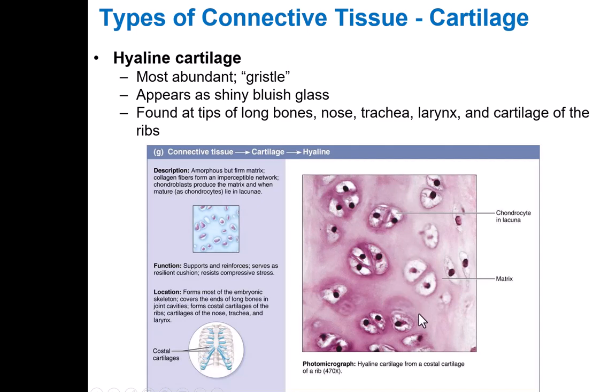So you don't see real stringy looking fibers. So that tells you not only the fact that there are lacunae here, that it's a cartilage, but that more specifically it's hyaline cartilage. You find this at the end of your nose, at the ends of your long bones, your trachea, your larynx, cartilages of your ribs. It's going to be there for support and cushion.